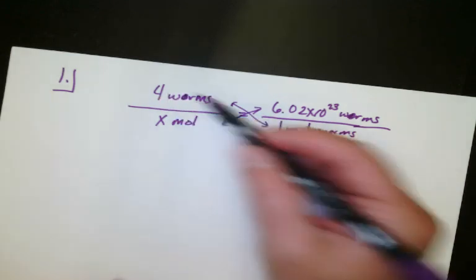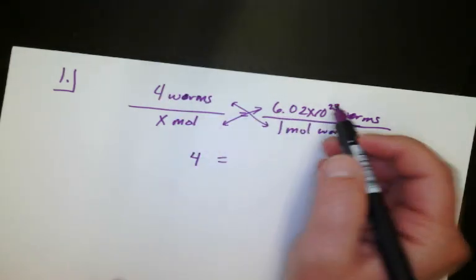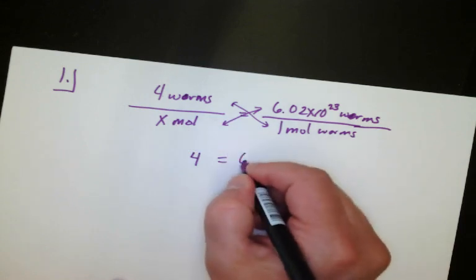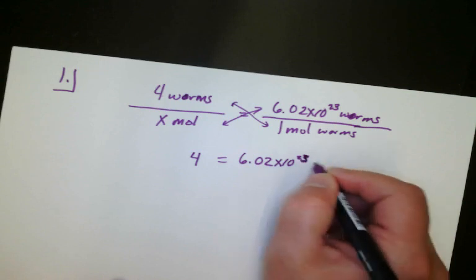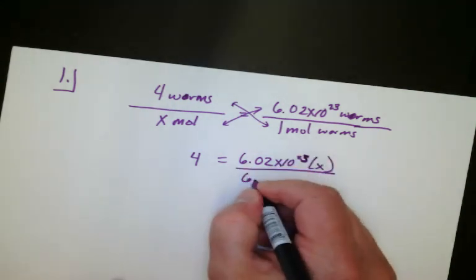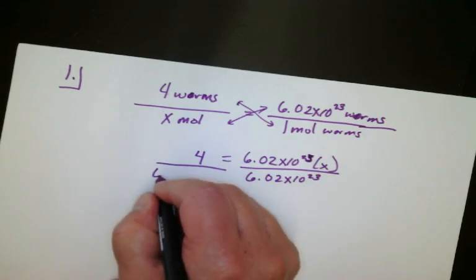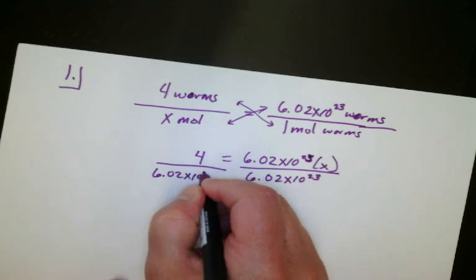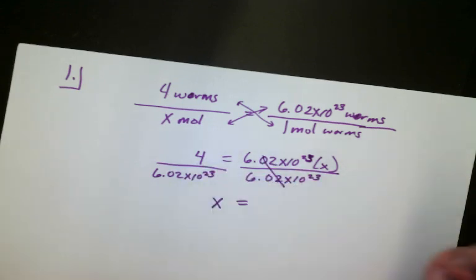So now I'm going to take 4 times 1, and I get 4. 6.02 times 10 to the 23rd times x. Okay, then I'm going to solve for x by dividing on both sides. We get x equals 4 divided by that right there.